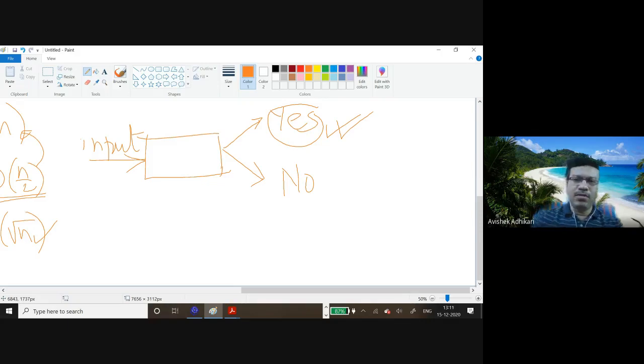Now there might be some mistake here. I give you some input and your algorithm gives me an answer no. Then I cannot say directly that the no answer is correct. For example, suppose this is an algorithm for primality checking, PC. I have given it some input n, and I ask the question, is it composite?